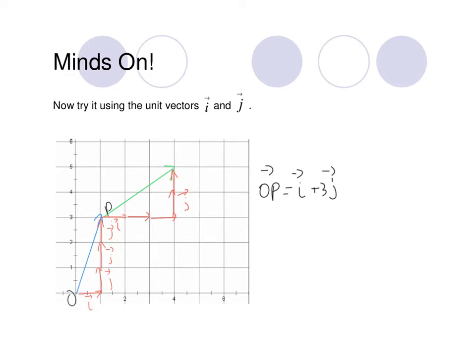And again, remember that the vector OP plus OQ will be drawn from the tail of OP to the tip of OQ, just like last time. So it's going to look something like this. And if we count the i's and j's now, you can see that we're just going to go 1, 2, 3, 4 i's, and 1, 2, 3, 4, 5 j's.